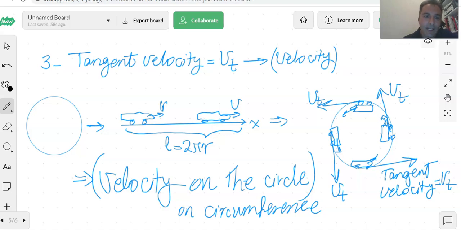So here I have a circle. If I open this circle, it will be what? A straight line. Now on the straight line, a car goes at a speed or velocity of v. Let's say it's constant. If I open this circle, the length of the circle becomes equal to what? The circumference, correct? So it is the circumference actually.